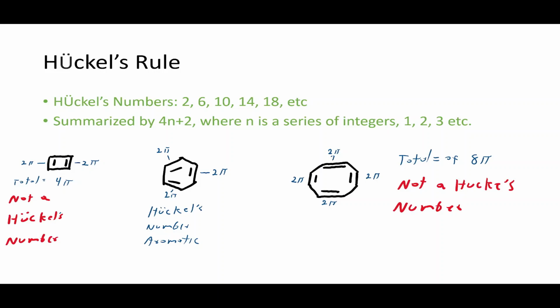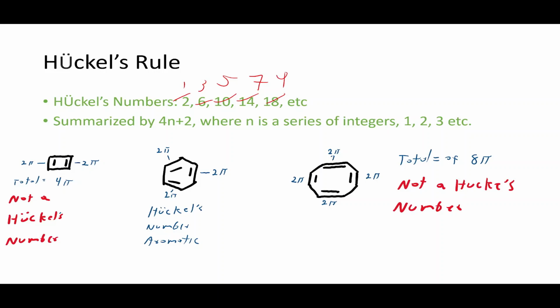Huckel's rule says that in order for a compound to be aromatic, it must have 2, 6, 10, 14, or 18 pi electrons, which gives you an odd number of pairs of electrons: 1, 3, 5, 7, 9, right?